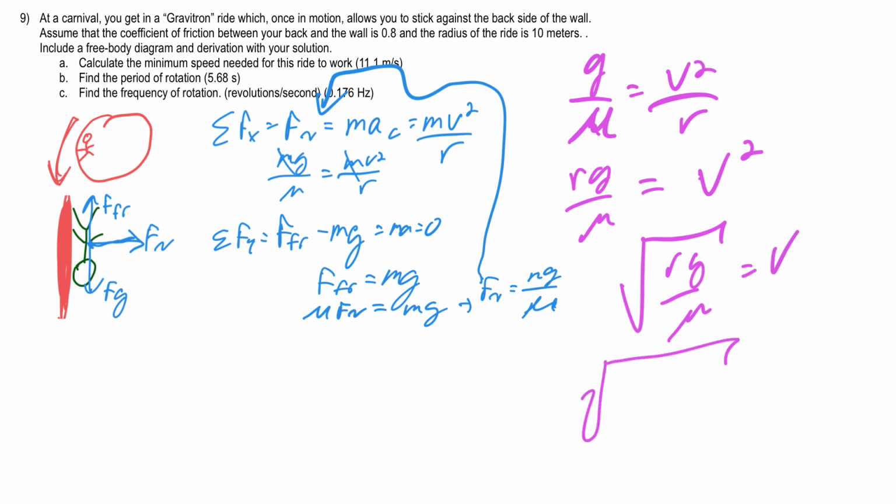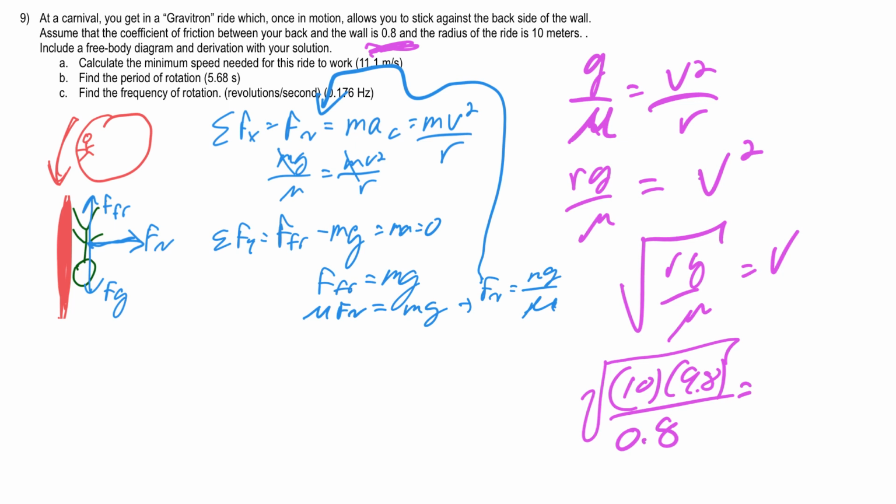Okay, so let's just plug stuff in. The radius here was 10. g is 9.8. And the mu, this is the amount of static friction. It must be on there somewhere. There we go, 0.8. Okay, plug that in. We got 10, we got 9.8. We're going to divide by 0.8 and then square root it.